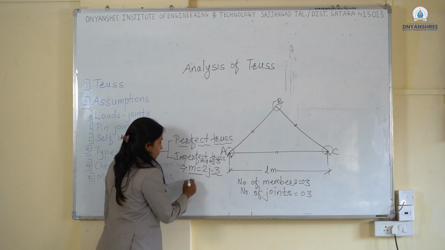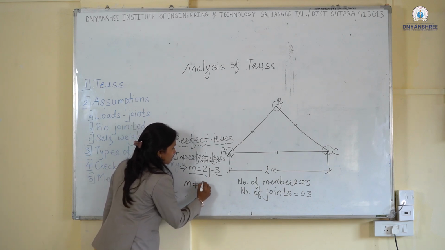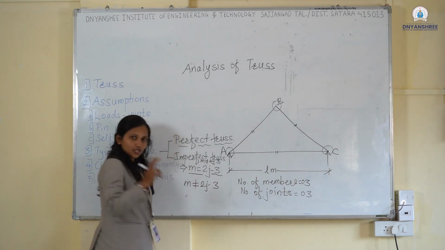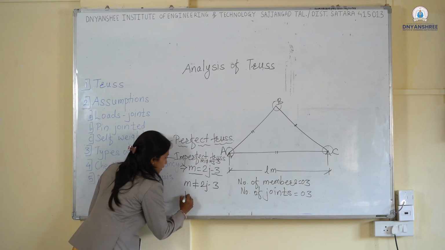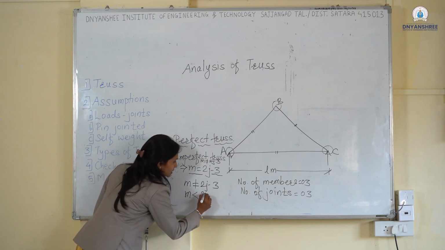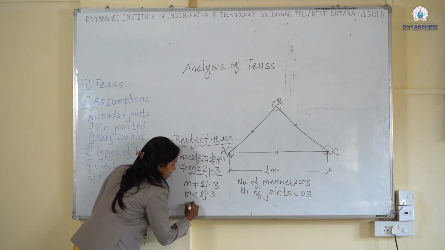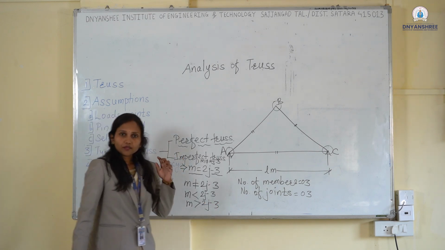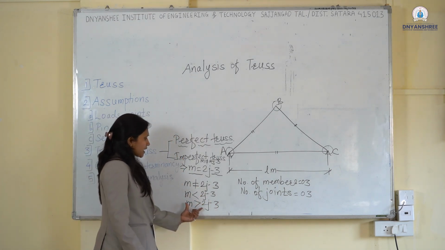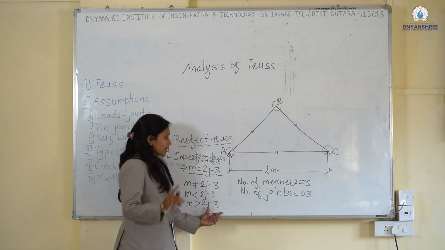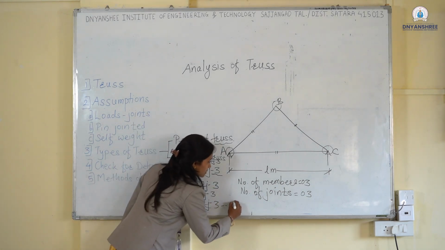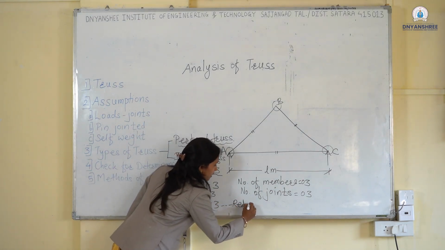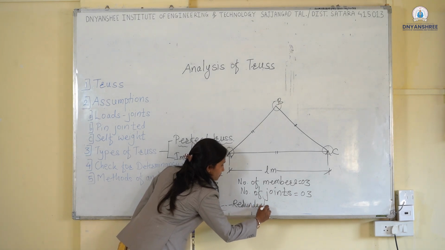Whenever m is not equal to 2j minus 3, two conditions arise: first, m is less than 2j minus 3, and second, m is greater than 2j minus 3. Whenever m is greater than 2j minus 3, that truss is known as a redundant imperfect truss.